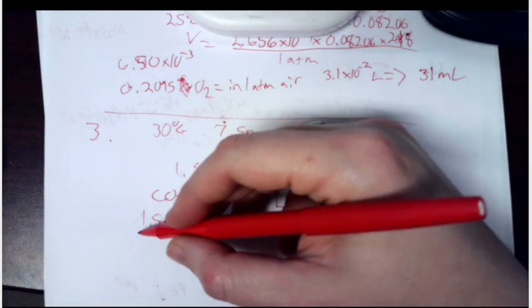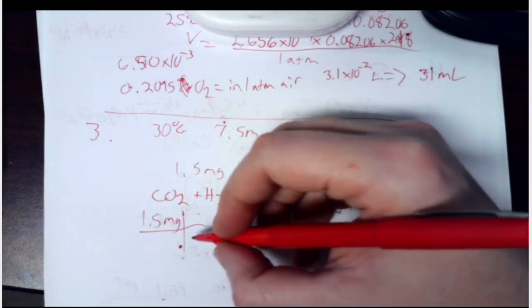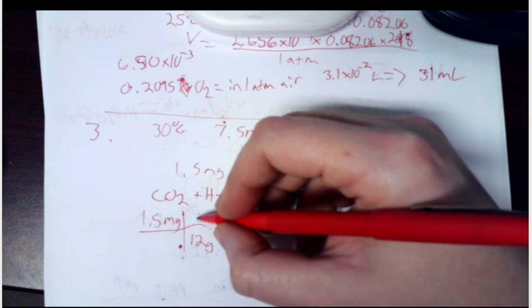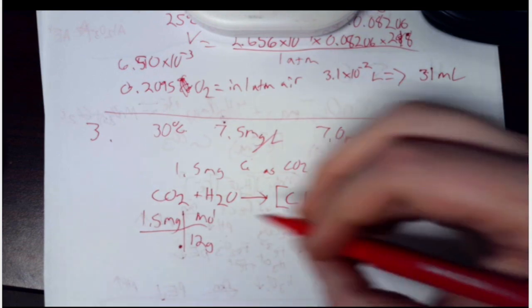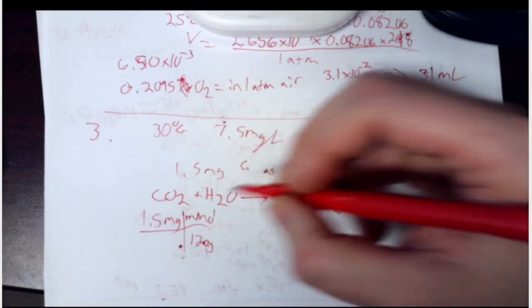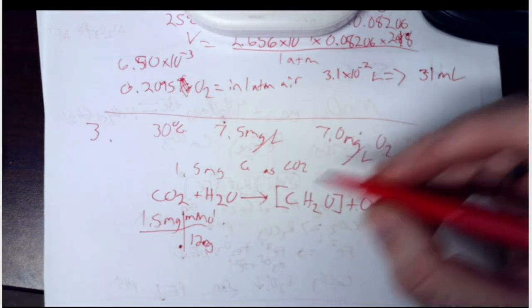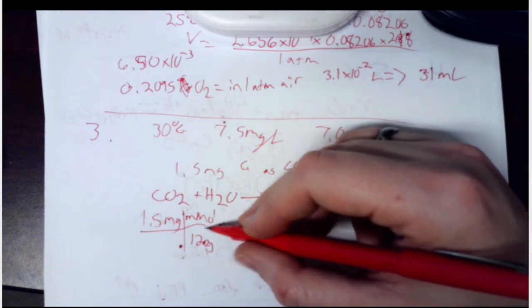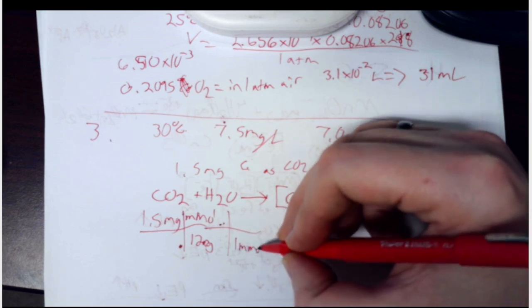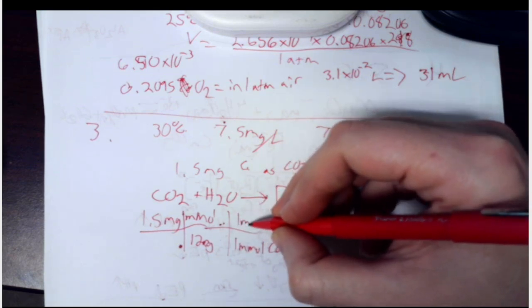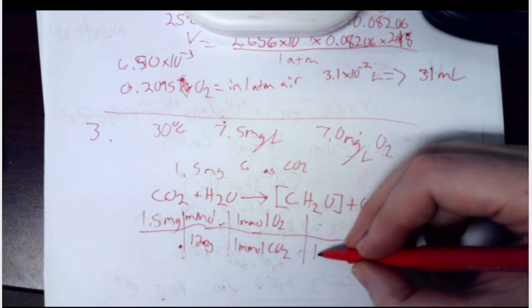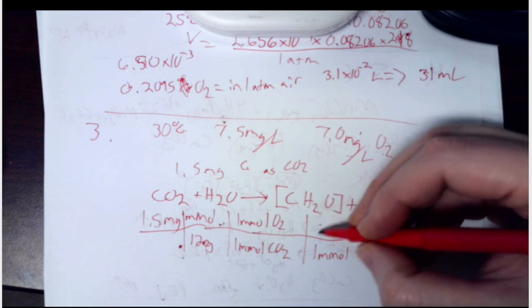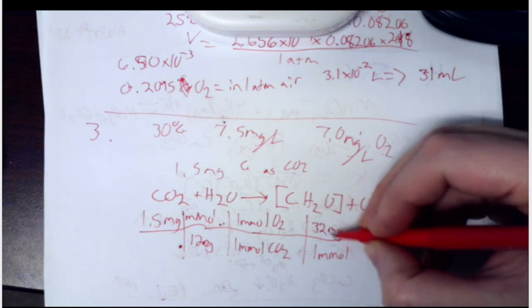Carbon is 12 grams per mole, so that's essentially 12 milligrams per millimole. For every 1 millimole of CO2, we would produce 1 millimole of O2, and 1 millimole of oxygen is 32 milligrams.